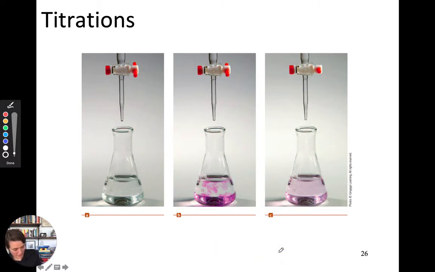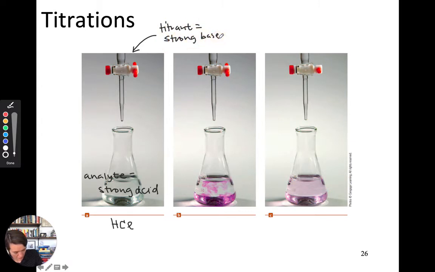So let's say in this reaction, our analyte is going to be a strong acid, and let's just say it's HCl. And our titrant is going to be a strong base, and we'll say that it's NaOH.